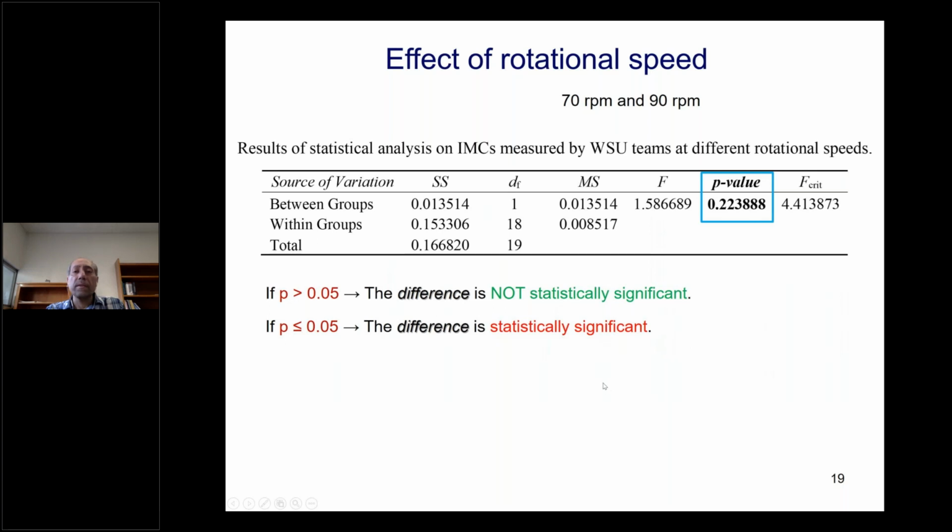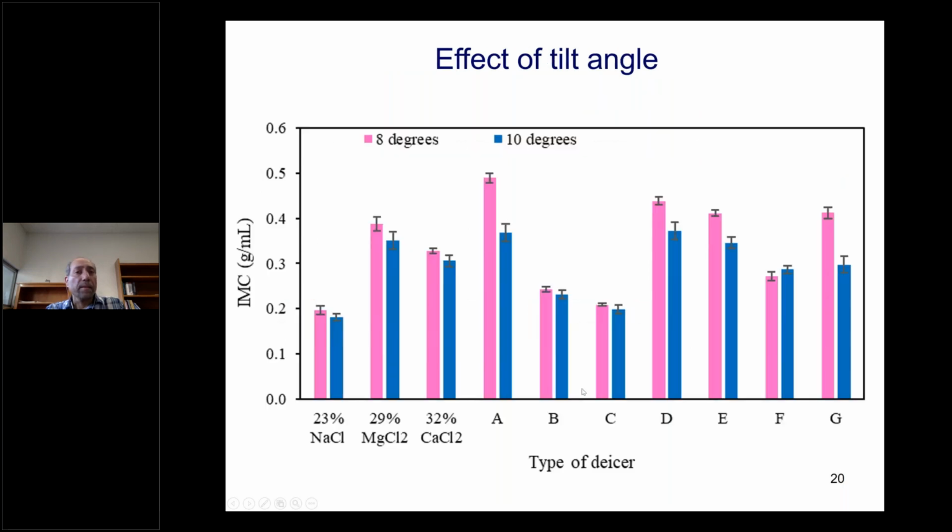The next step, we changed the tilt angle. The original number is 10. We decreased it to 8. Also here again we can see the same trend. The results are very close to each other, but in case of sodium chloride and A, B, C, and F, they are closer.